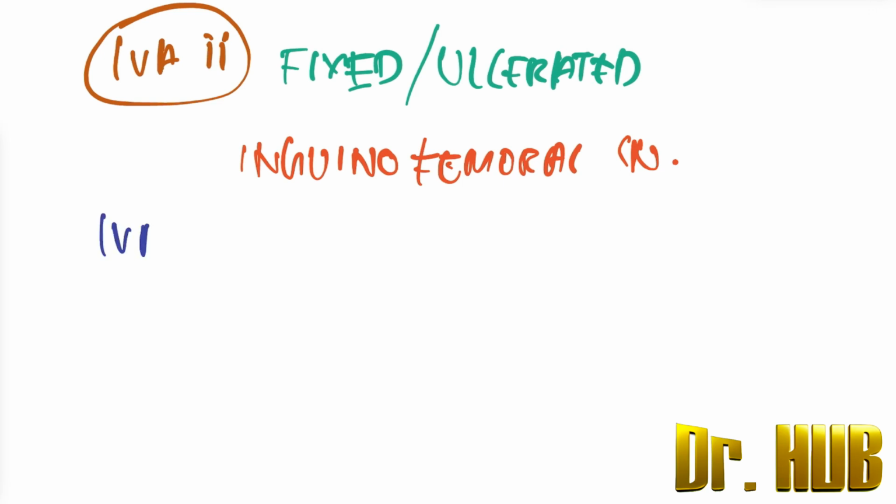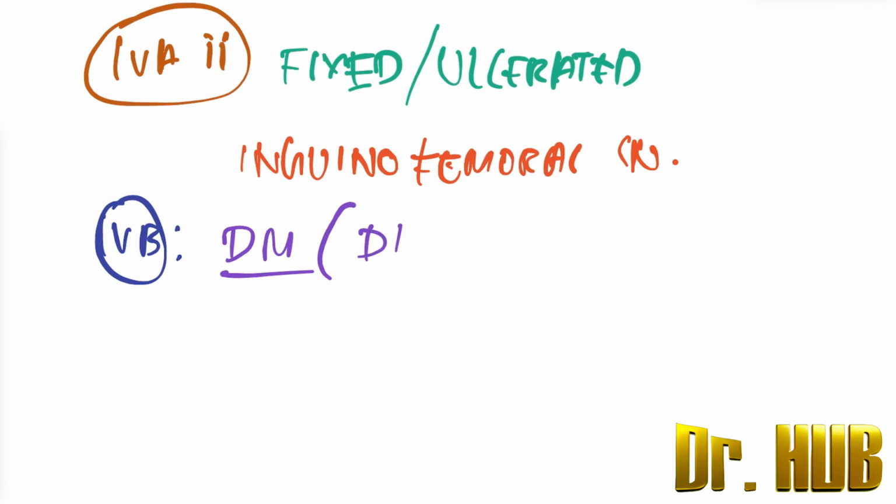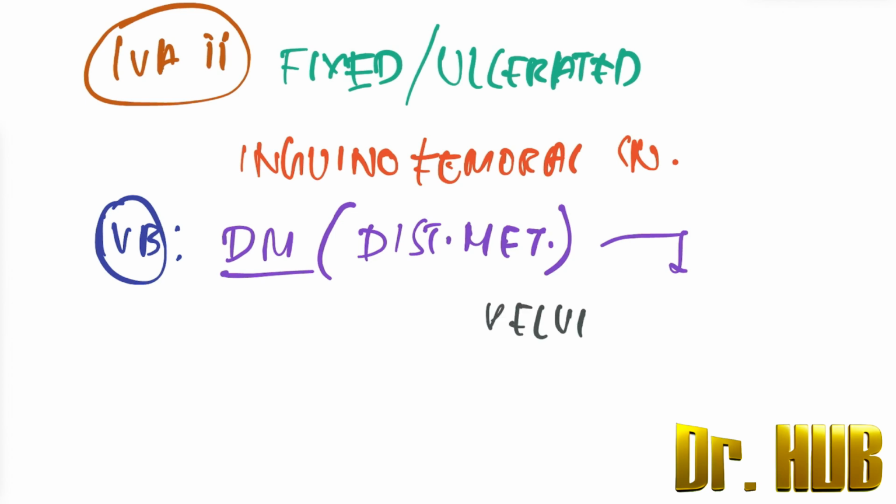Then we look at 4B. 4B refers to any distant metastasis, including the pelvic lymph nodes. It is better to write the full form, distant metastasis, and we are very particular about including the pelvic lymph nodes.